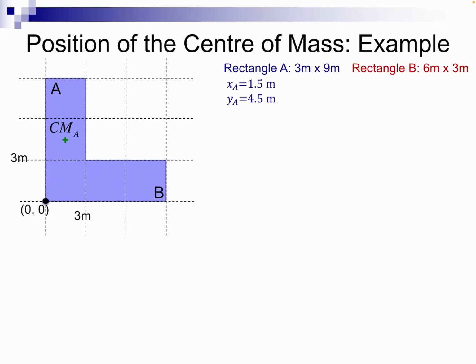Somewhere in the middle between these two points and middle between these two points. Cool. How about for rectangle B? Rectangle B is this 6 by 3 meter thing. Where is its center of mass located? We're using this as the origin, so we're measuring positions relative to this point.